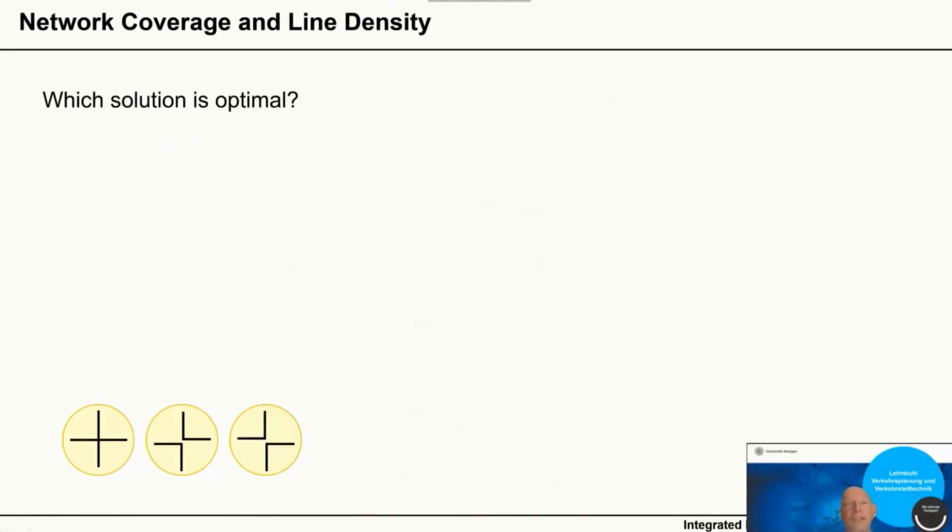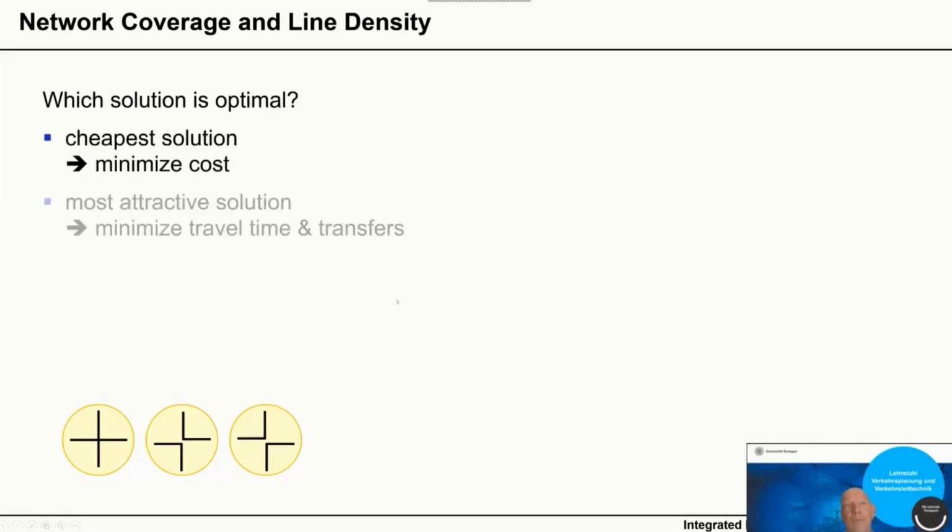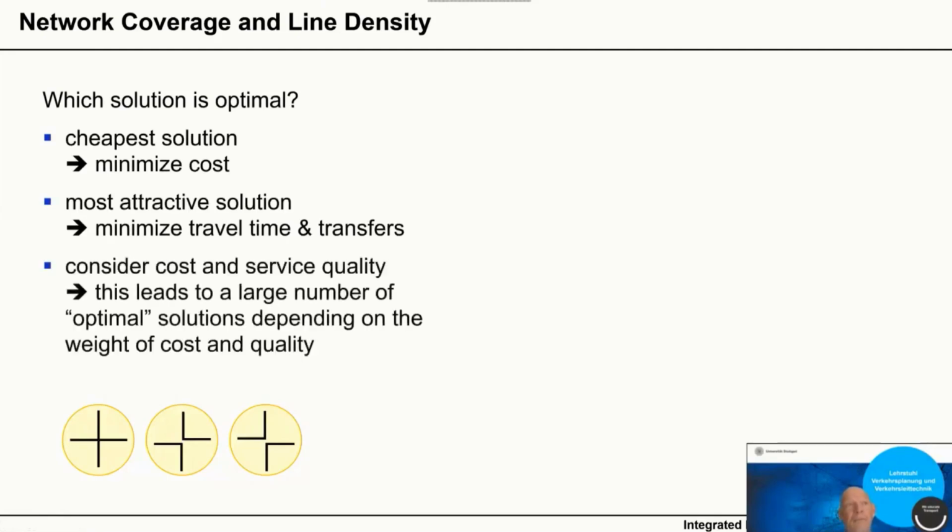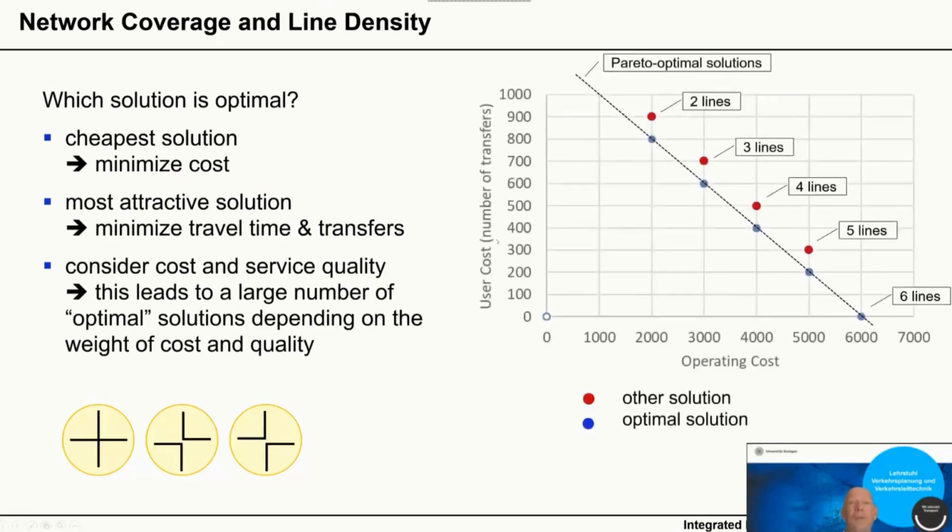Now, which solution is optimal? The cheapest solution, the most attractive solution. If we consider not just cost or service quality, but both, we talked about that yesterday, we get Pareto optimal solutions, or we get solutions which are equally good.